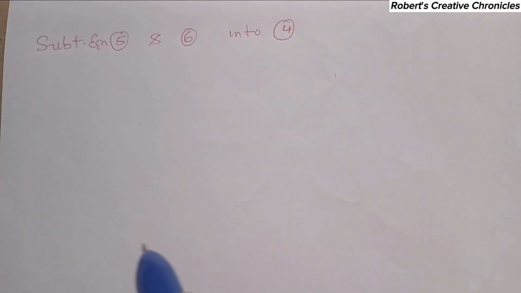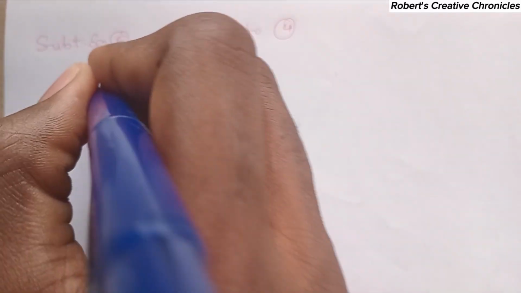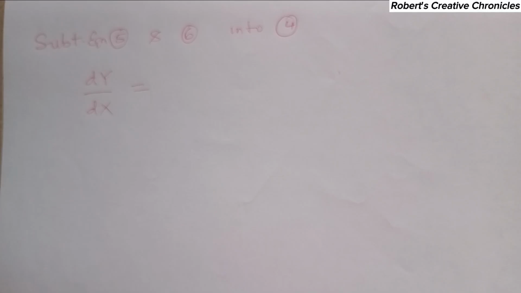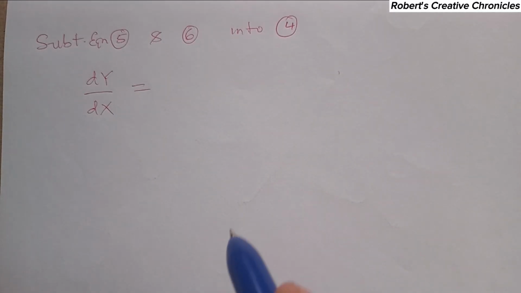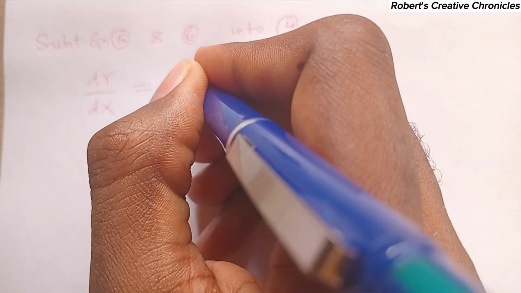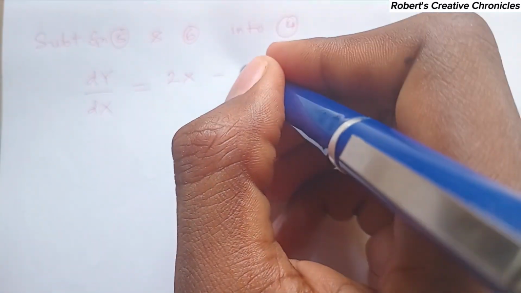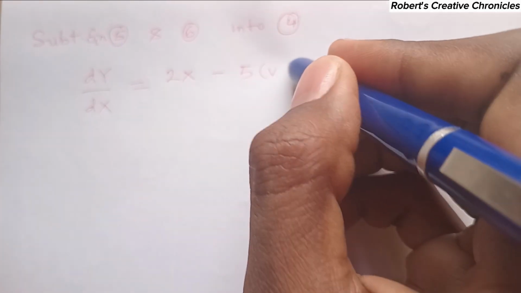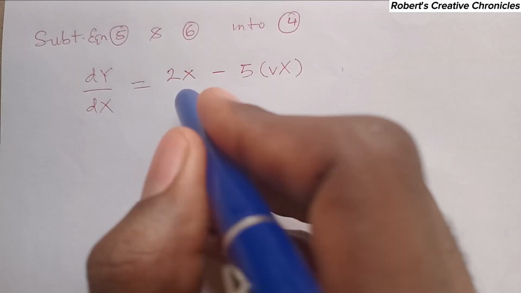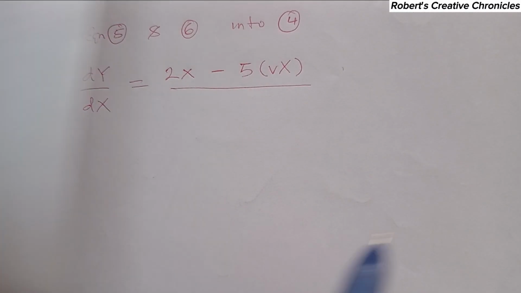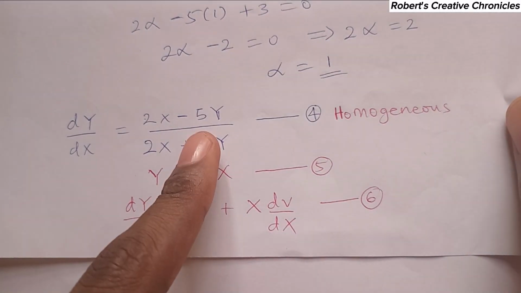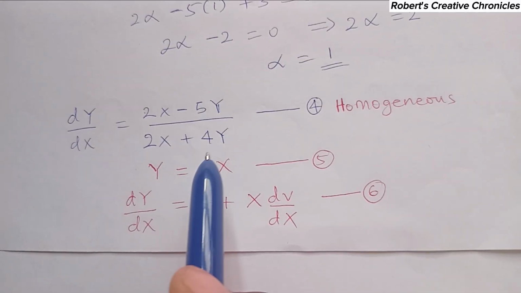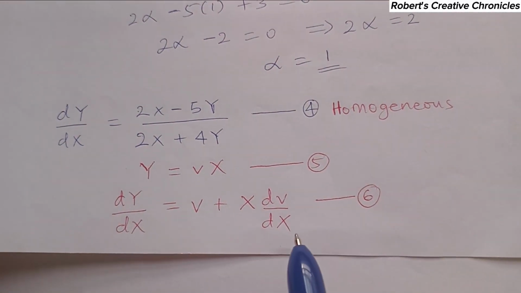So now 4 becomes dy over dx is equal to 2x minus 5y over 2x plus 4y. Y is now vx.